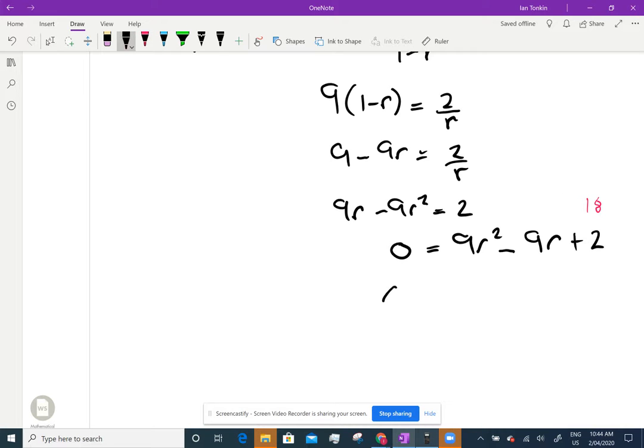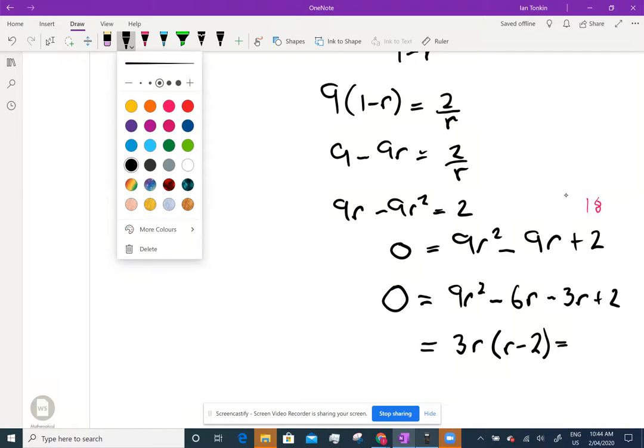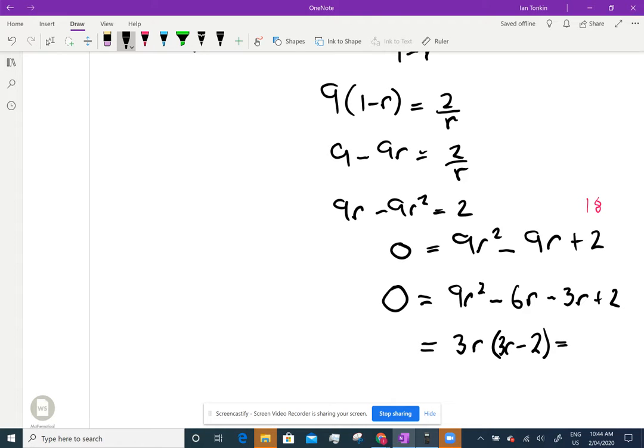So 0 equals 9R squared minus 6R minus 3R plus 2, which gives me, we'll take 3R out of this, 3R times (3R minus 2), and if I take negative 1 out of the second one, I get 3R minus 2.